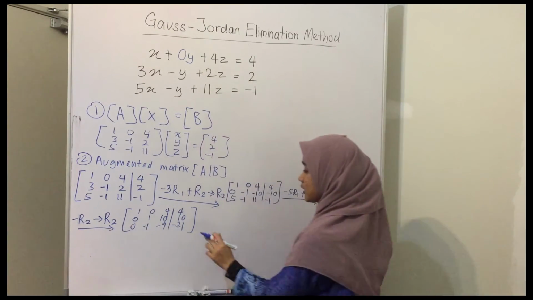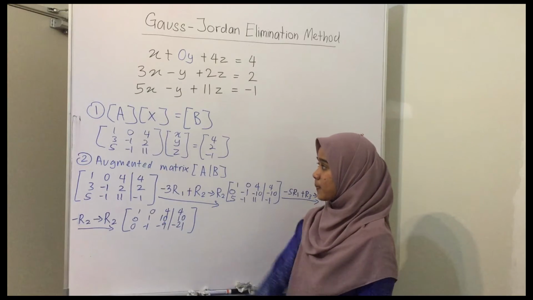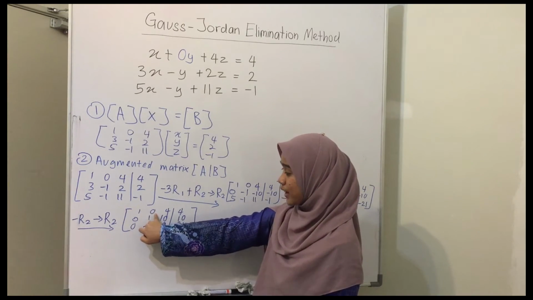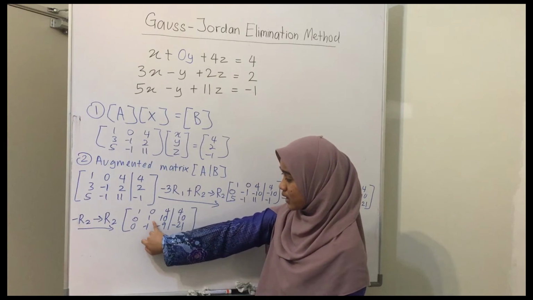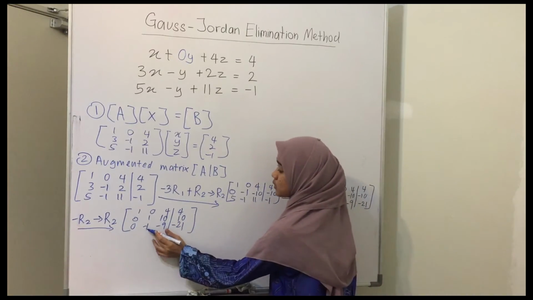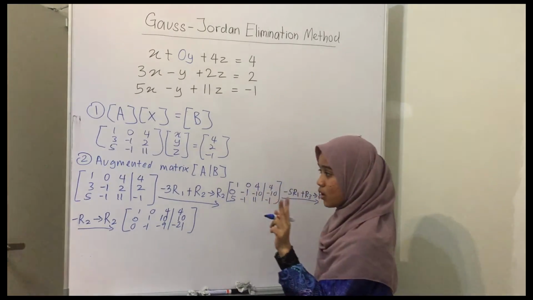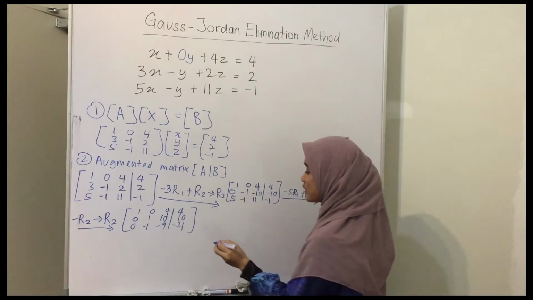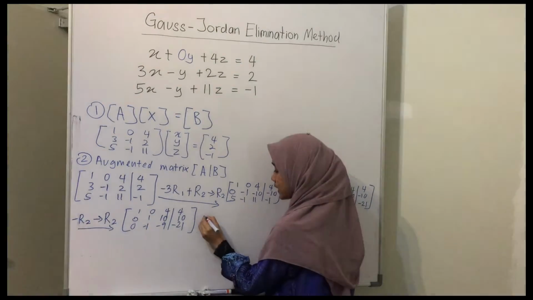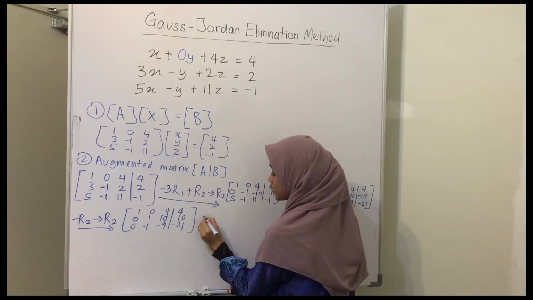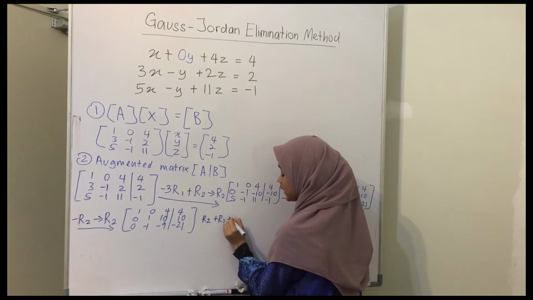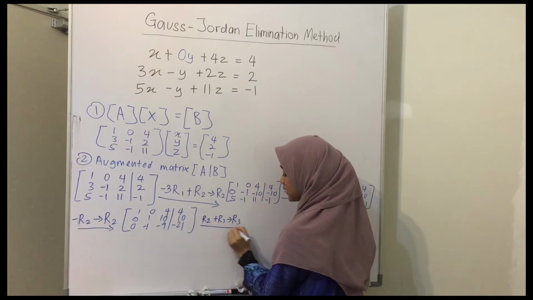Okay, after that, for the Gauss Jordan, the above and the below of the leading one must be 0. So here must be 0. How do we want to make 0? We use the second operation. So R2 plus R3 will be row 3.